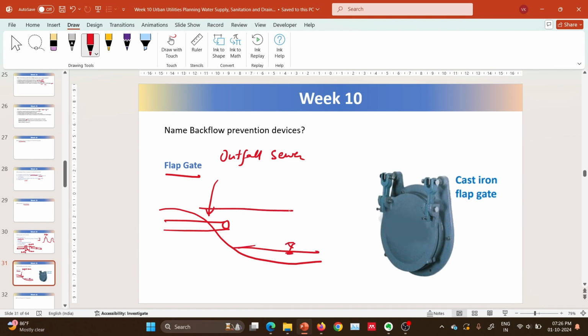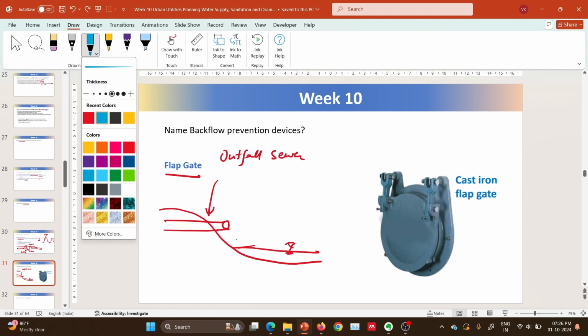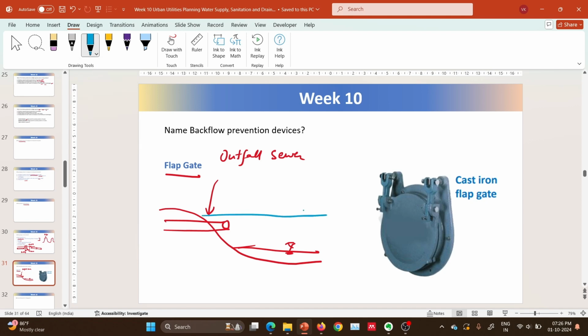But during monsoon, the water level may come up to this level. Then you need to provide backflow prevention devices.